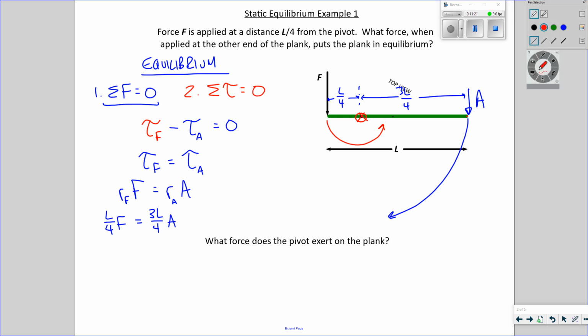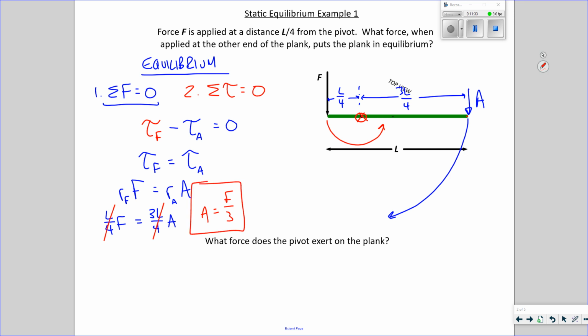Notice that these L over 4s can be divided out of each term, and you get that A is 1/3 of F. When we apply a force 3 times farther away, we need 1/3 the force in order to create the same amount of torque.